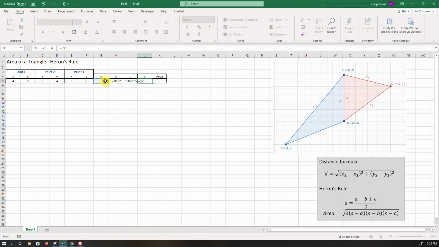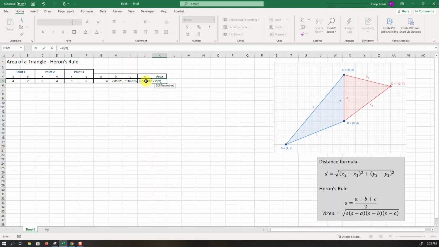Now for the semi-perimeter. We need to add those 3 distances and divide by 2. That's the value of S. And finally for the area, we want the square root again.